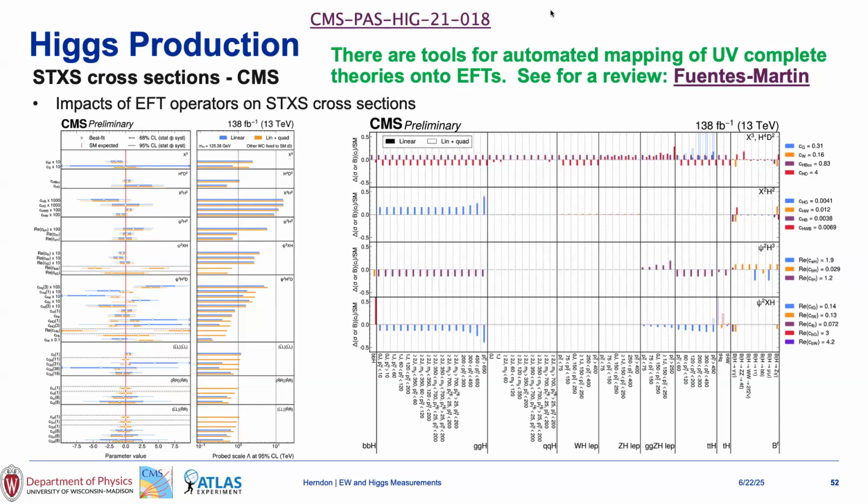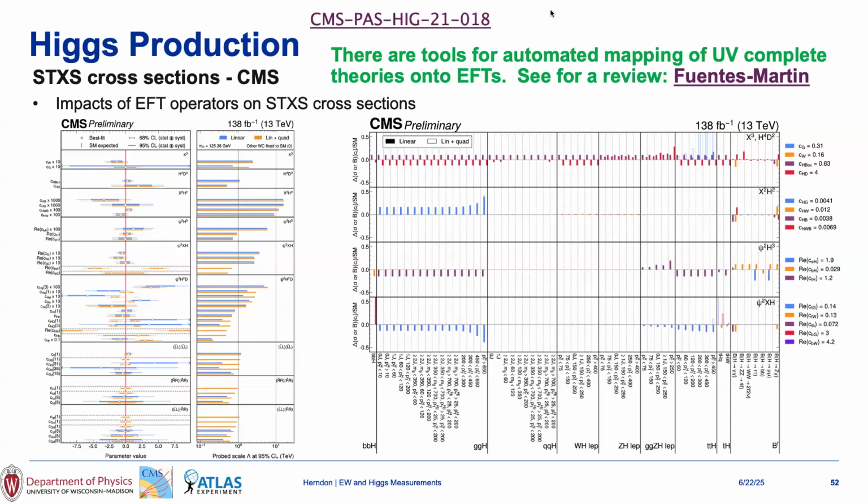But here, for various choices of operator values, are the effects that you expect to see on the STXS cross sections. So if I increase this CH box operator and made it 0.83, for instance, then I'd see this purple increase in cross section across the various bins of STXS cross sections I measure. So if I try to look for something that could affect, for instance, the WH cross section, so here are the WH ones, here's an operator that actually lowers it, but probably I can take the inverse of that, make it negative, and that might raise it.